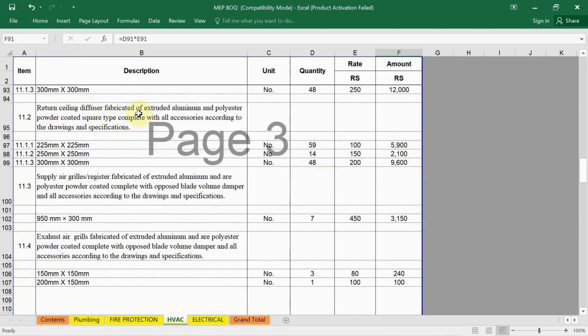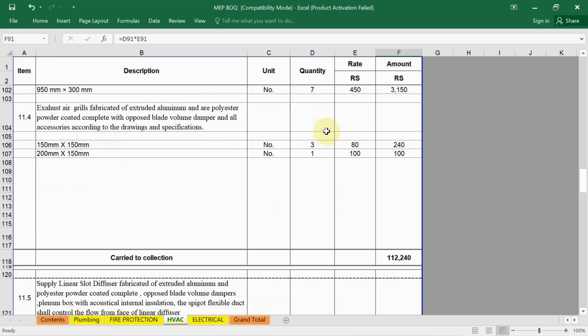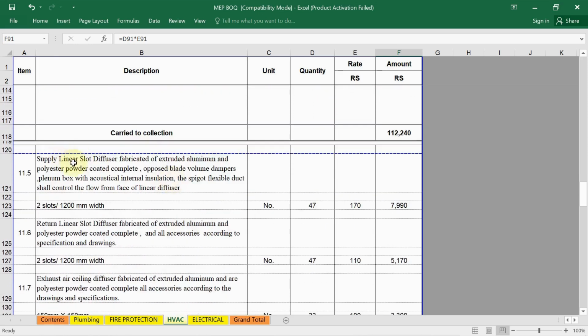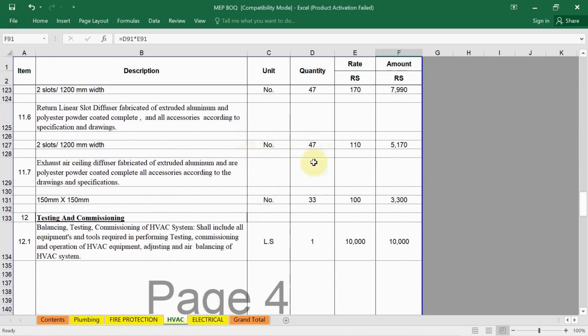Same way return ceiling diffuser, supply air grille register, exhaust air grille, that detail is needed here. Supply linear slot diffuser, return linear slot diffuser, exhaust air ceiling diffuser.